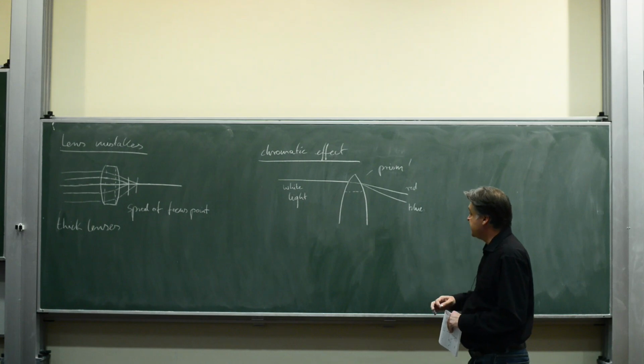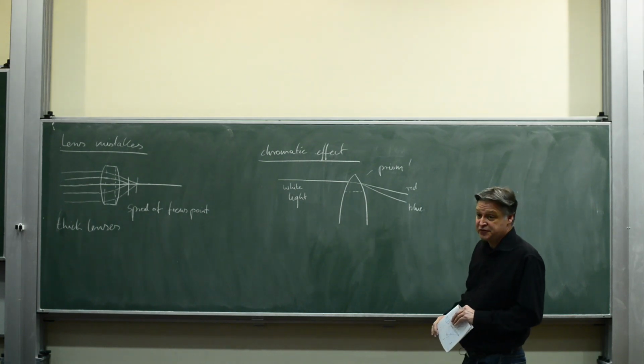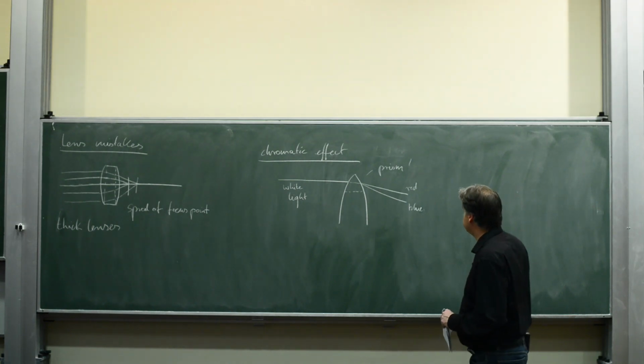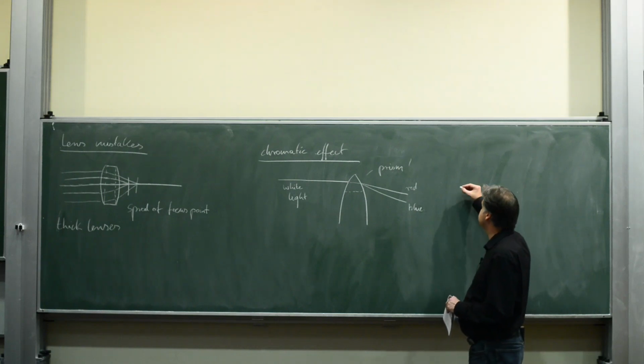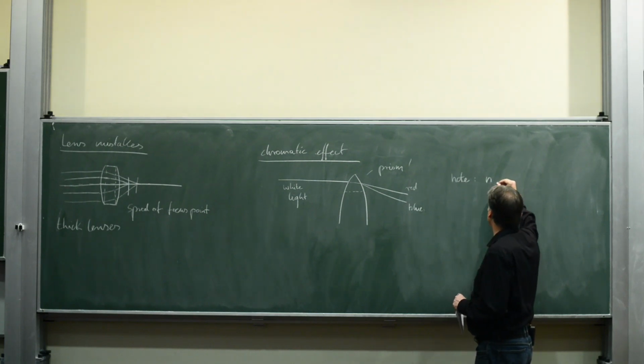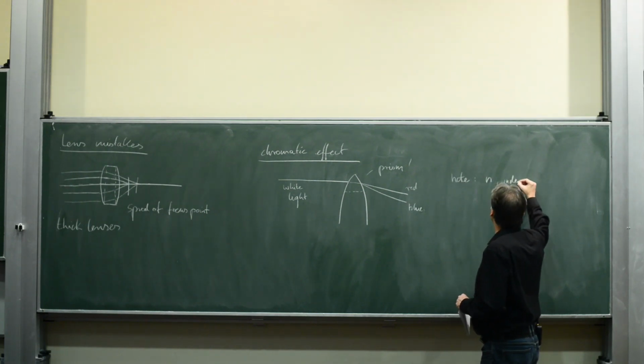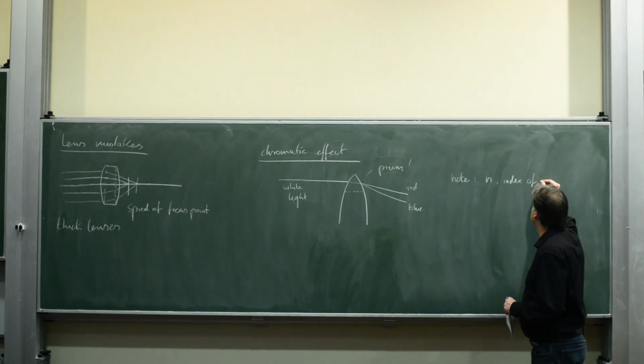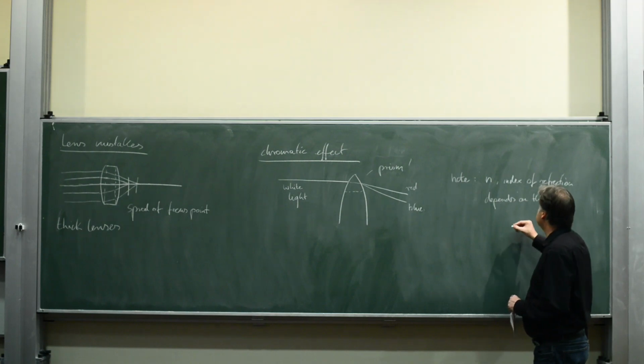The reason here again is that the index of refraction depends on the wavelength of light. Note again, n, the index of refraction, depends on the wavelength.